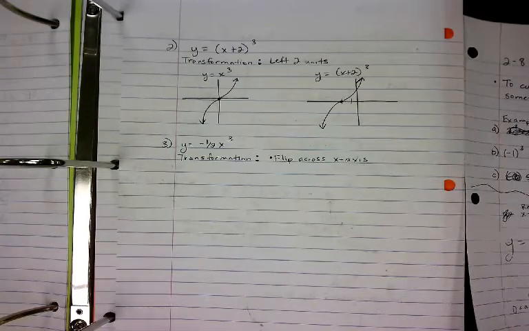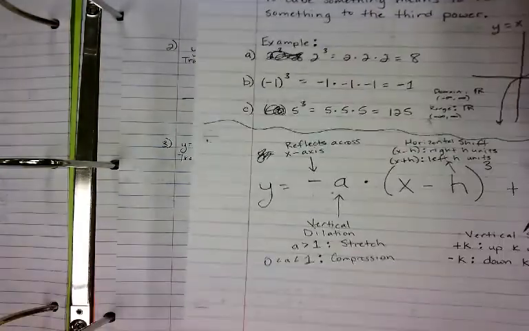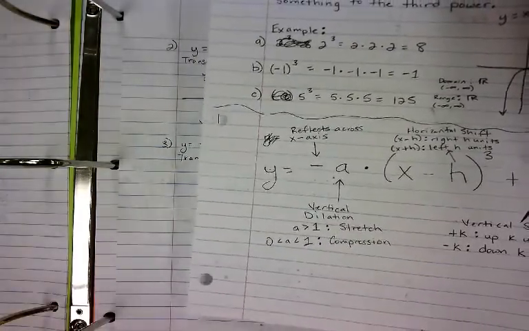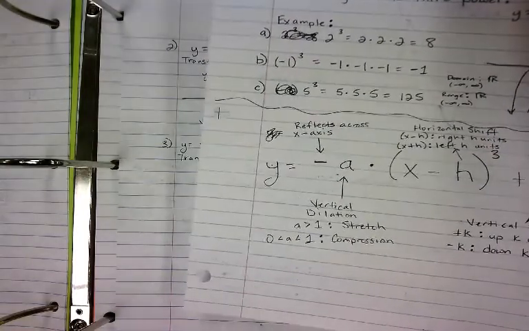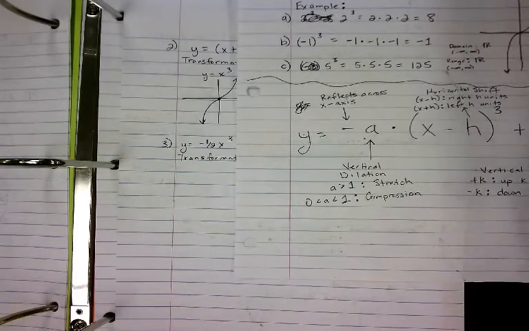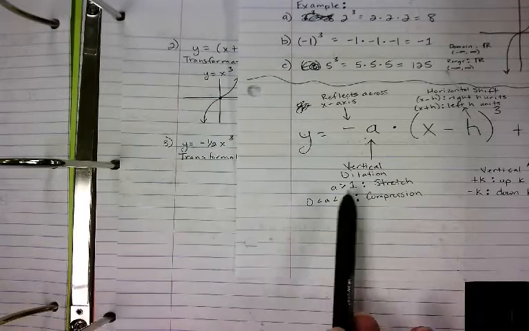Okay, but there's also another transformation. That's not the only one. So there's a negative sign. There's also a whole number, or a, in front of the x. That means it's a vertical dilation. If this number is greater than 1, then it's a stretch.